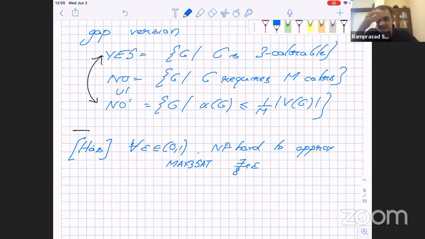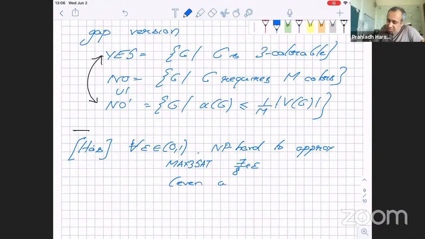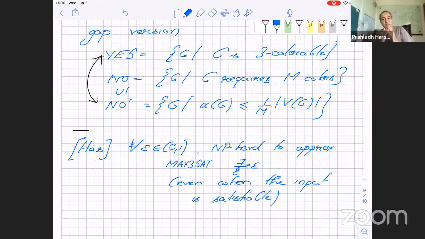By the way, even this theorem, Harstad actually proves it is NP-hard to approximate max 3 SAT even when the input instance is perfectly satisfiable. Even when I tell you the instance is perfectly satisfiable, for you to find a better than 7 by 8 assignment is hard. Getting 7 by 8 is easy.